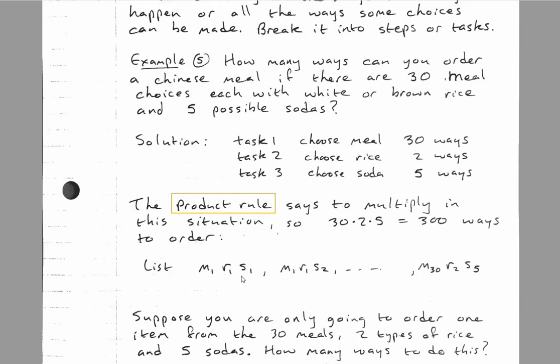And if you label the meals M1, M2 to M30, the types of rice R1, R2, the sodas S1 through 5, you could list all these possibilities. It's going to be a long list, 300 things in the list.